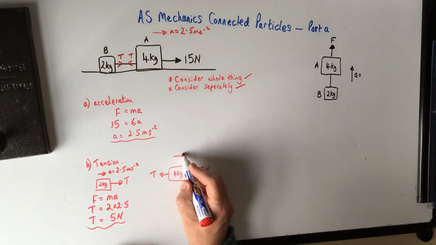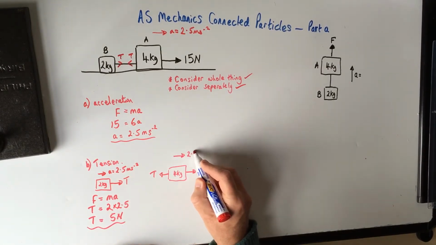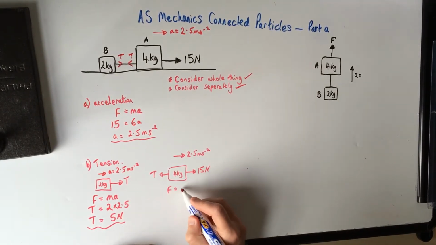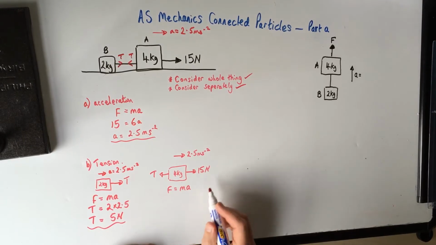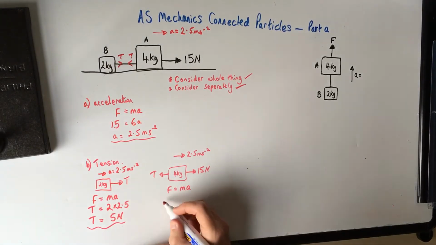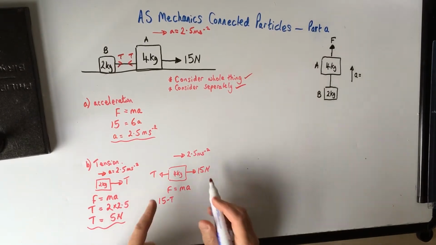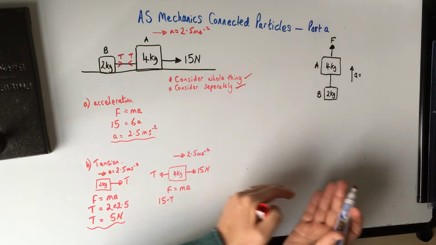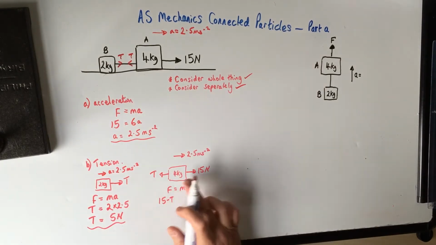And we know that it's moving at an acceleration of 2.5 meters per second squared. So if we apply F equals ma to this, the net force moving that along, because it's moving in that direction, is 15 minus T, isn't it? It's whatever's left over when you've taken T off the 15, that's what's driving it.